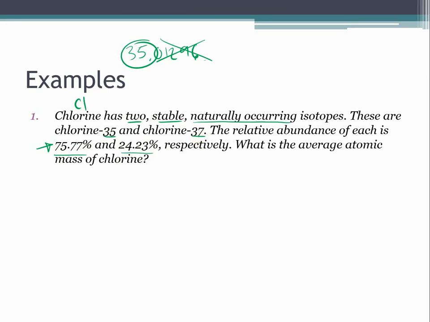So just thinking about this before we actually plug in and solve for our average atomic mass, we can say a couple of things. We know that our mass is going to be closer to 35 because our chlorine 35 is way more abundant, so we should be way closer to this one. We also know that it's going to be a little above 35 because the only other isotope that shows up is heavier.